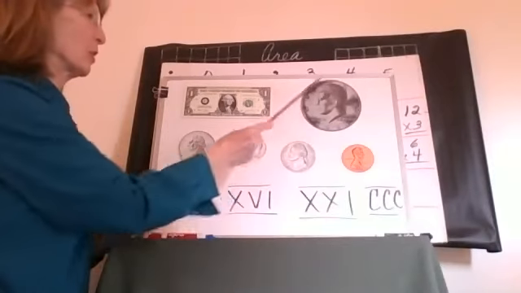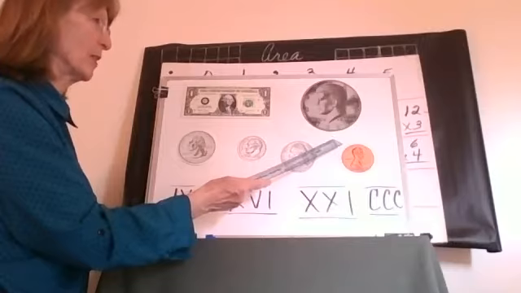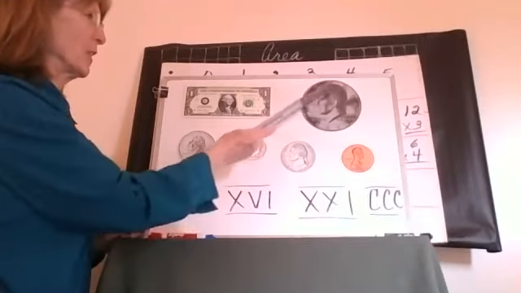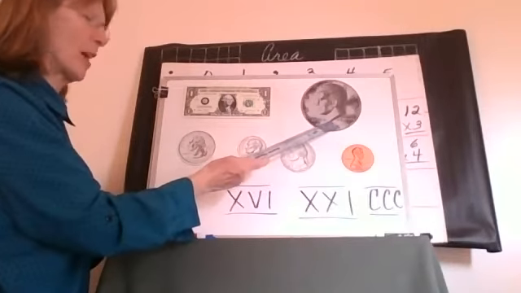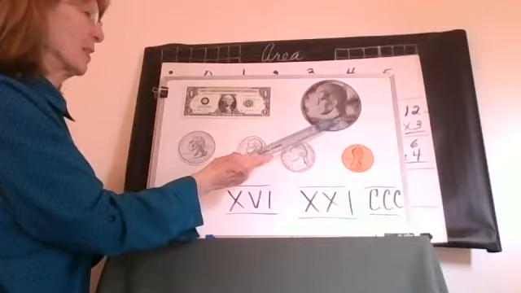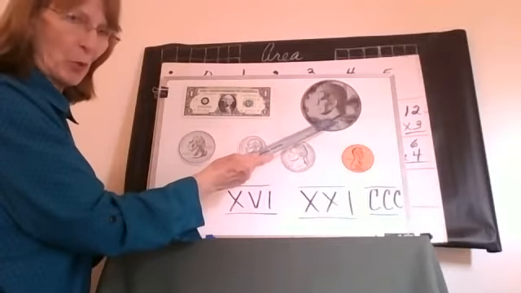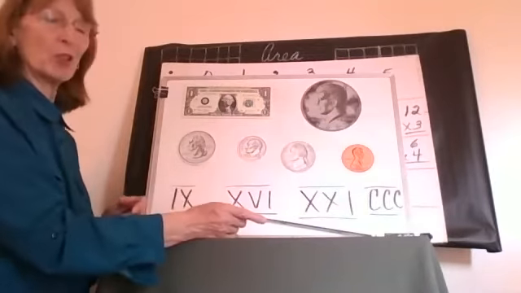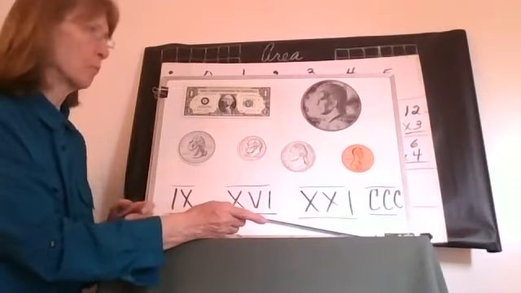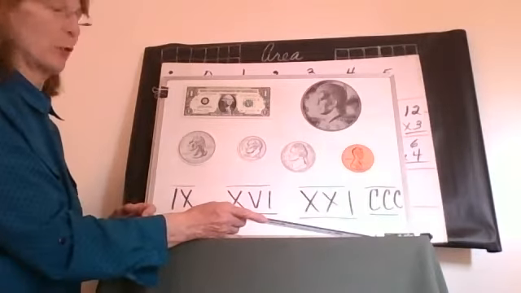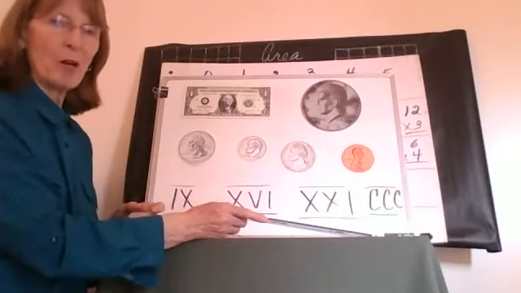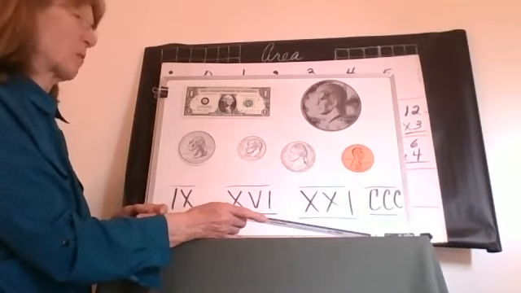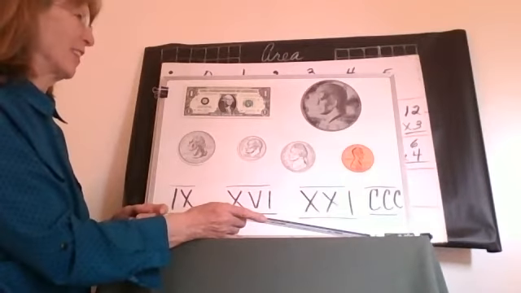The $50 is 50 cents. The man on here, that side view of him, is President Kennedy. He was president during the 60s. For you, that was a long time ago. For me, it doesn't seem that far away.